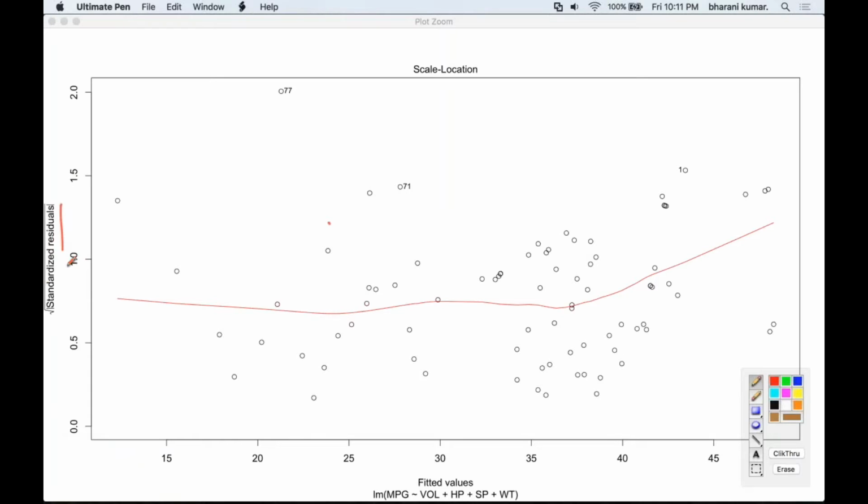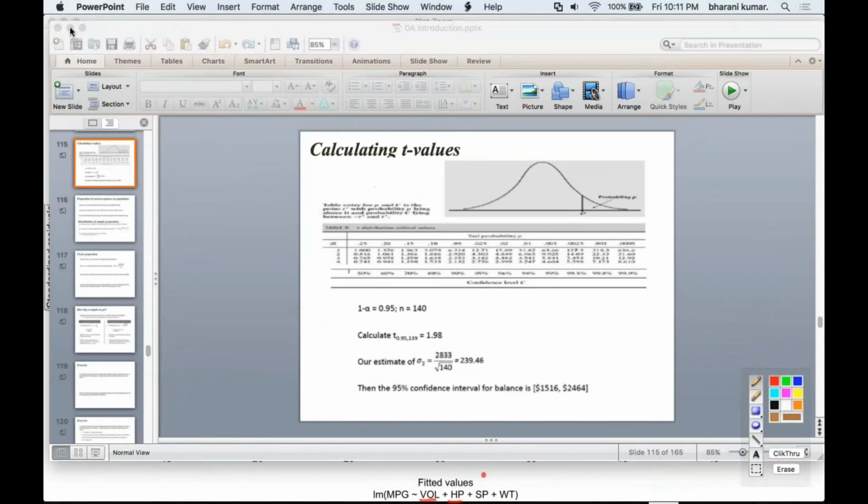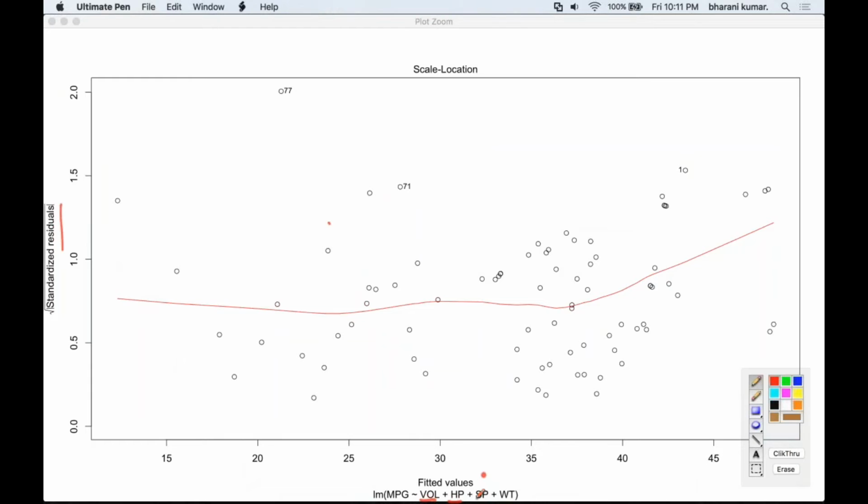Standardizing means making values unitless, because volume has one unit, horsepower has a different unit, top speed of the car has a different unit, and weight has a different unit. Hence, I'm standardizing and then checking.